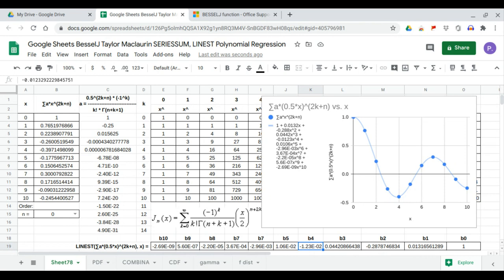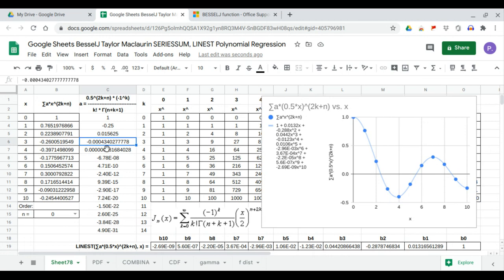Let's see if the regression matches the expansion coefficients. B0 and A1, they match. A0, 0.25, they don't match. Most likely this is the one that matches. This is A2 and B1.